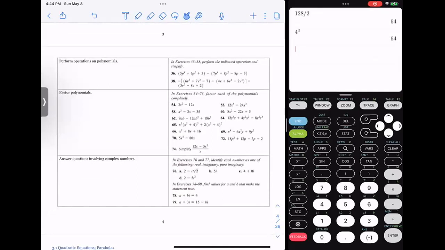I don't think those are multiple answers, no. I think those are unique values. I'll take 79 as an example. So you want A and you want B. So it's saying A plus 3i must equal 15 minus Bi.